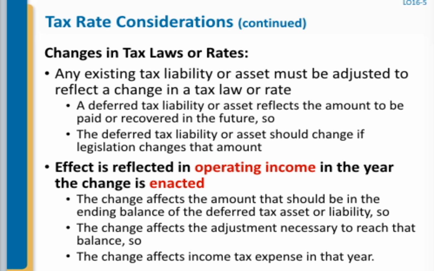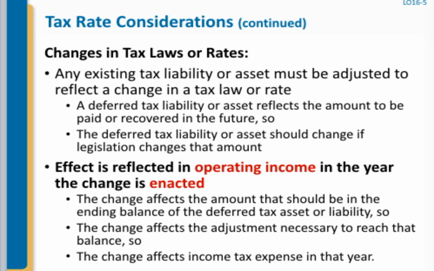So again, anytime you have on your books some deferred asset or liability that's based on good information at the time, but then ends up coming out differently or changing, or something happened where it didn't work out the way you thought, those results are captured in operating income in the year the change is enacted.